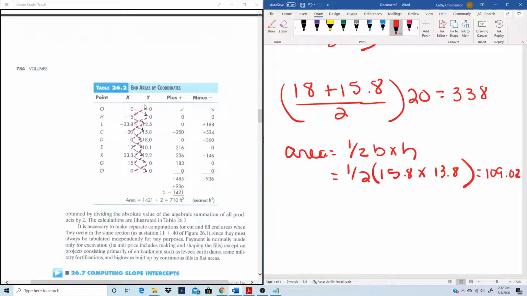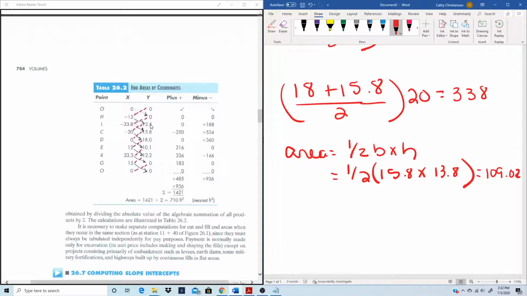So if I look at the first one here, wherever you start at, you always have to come back around. So you don't forget to add the last one where you start all the way back around. So if I'm looking at this, 0 and 0. Okay, so 0 times 0 is 0. A negative 15 times a 12.5.